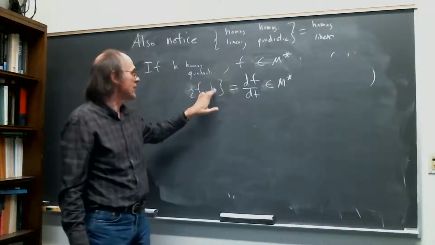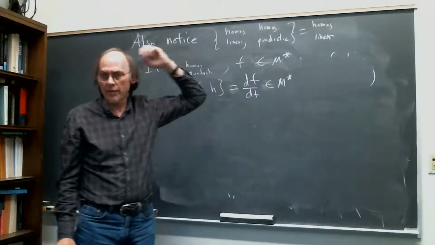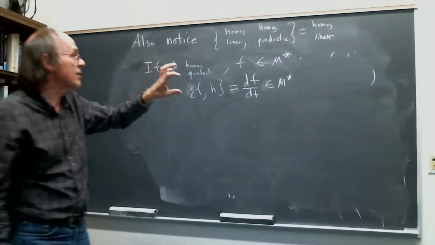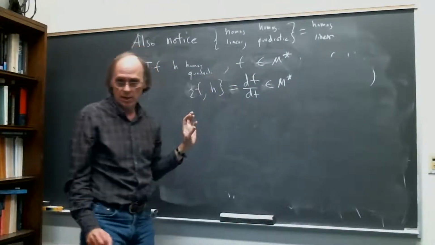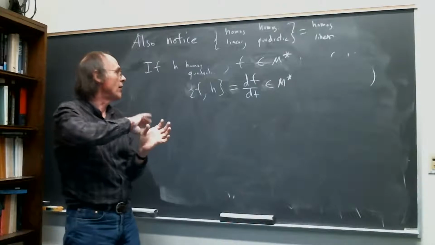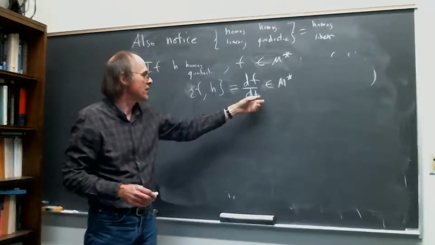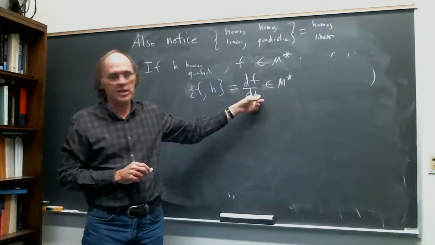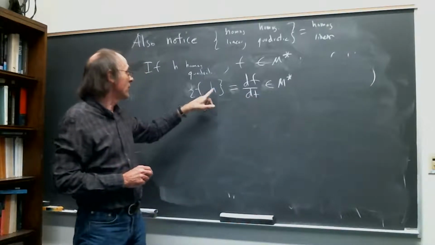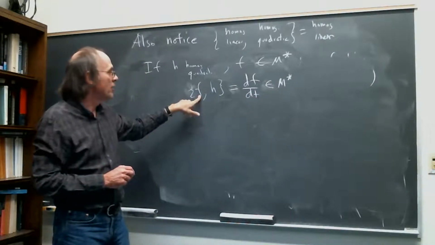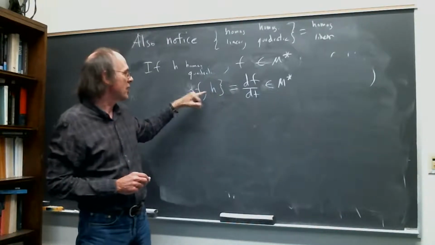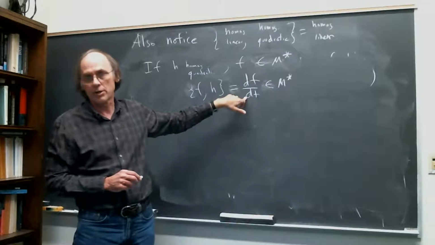So if you think of these homogeneous quadratic polynomials as generators of some kind of action, where you move along in some way parameterized by t, then what they do to linear functions is that the infinitesimal change of a linear function is another linear function.